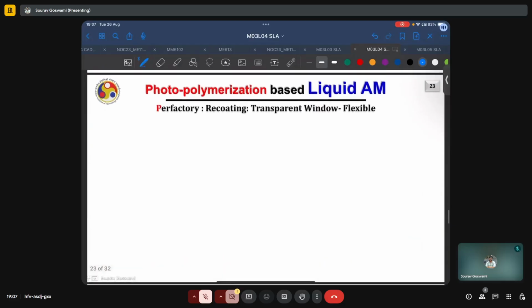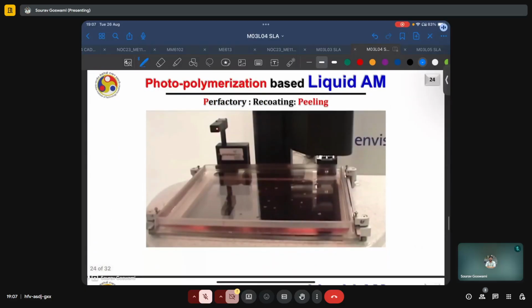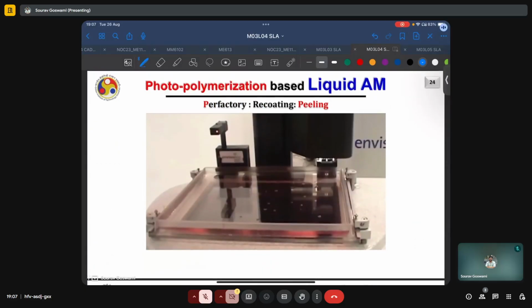The second example, which was demonstrated by Professor Kapil, was the use of a flexible transparent window where separation of the build part from the window was sufficiently easy.